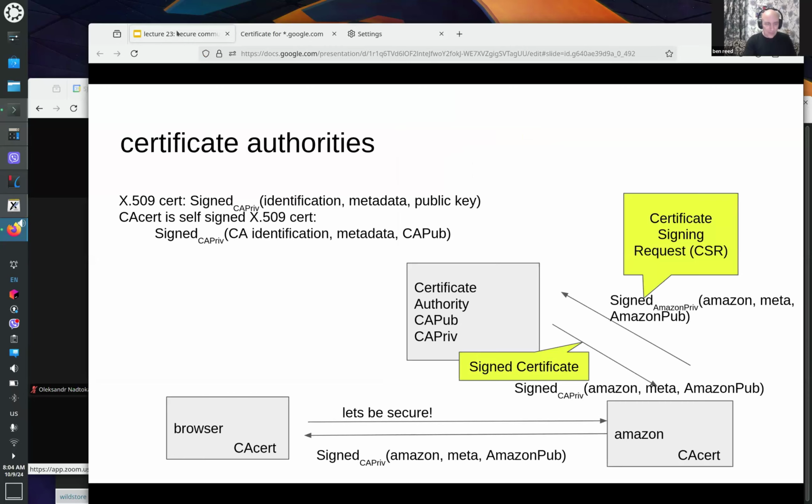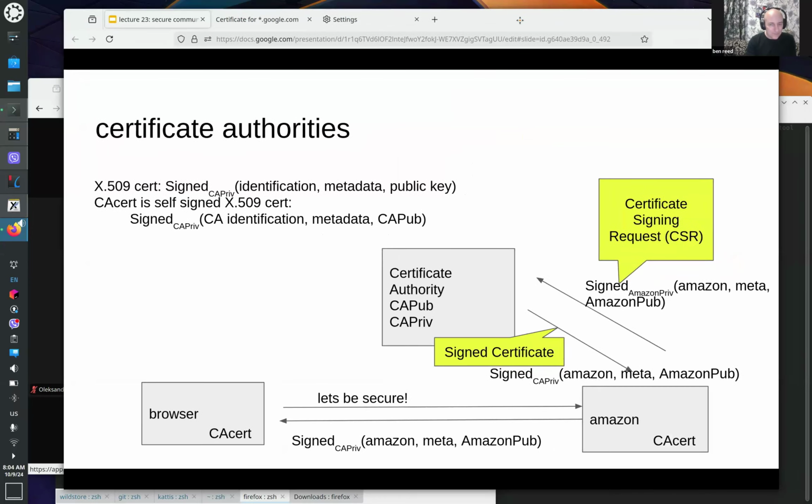I realize we're running out of time, so let me just go through this quickly. So the way certificates on the web work with TLS, transport layer security, also called SSL: your website, so this is Amazon, will go to a certificate authority and say, hey, certificate authority, I'm Amazon.